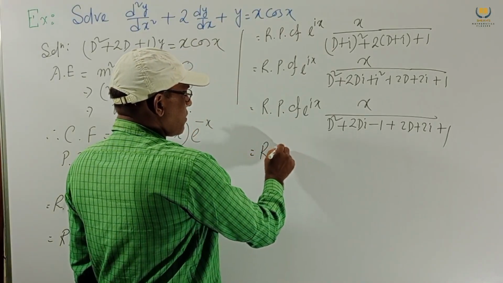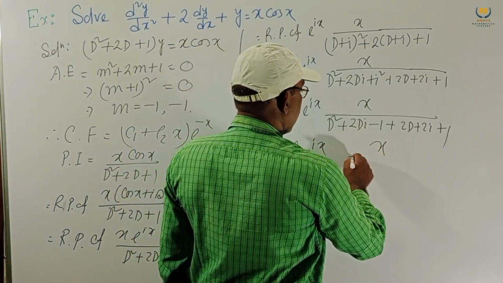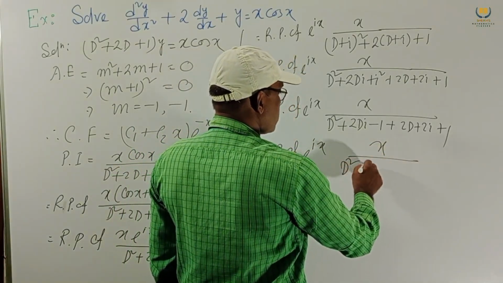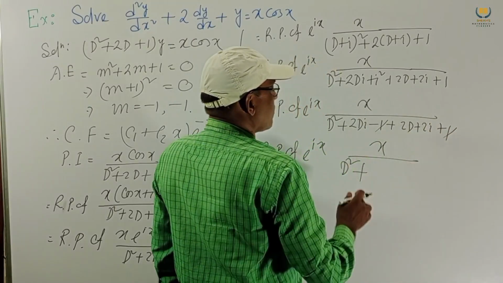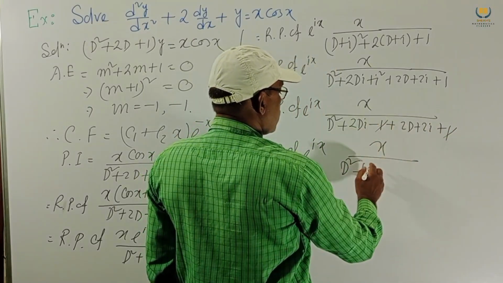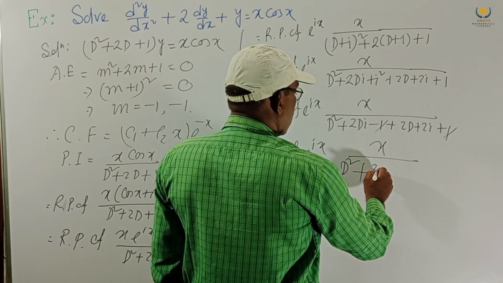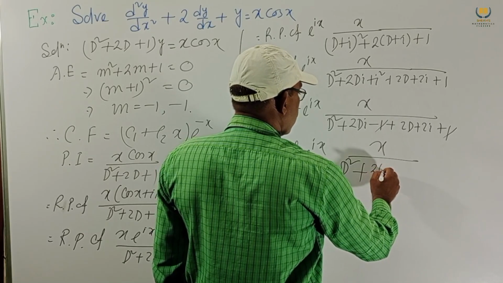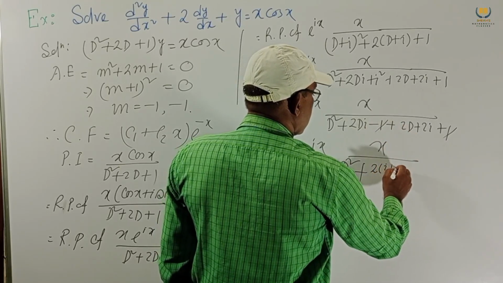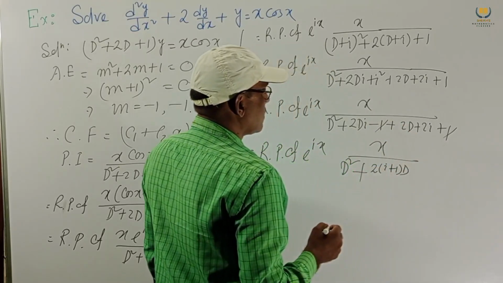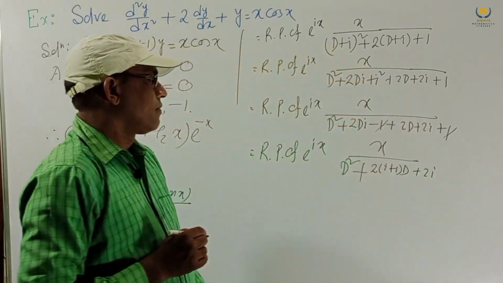This is real part of e to the power ix, 1 by (D square plus, this 1 cancels, 2D and 2 common, D also common, we get (i plus 1) D plus 2i) x.